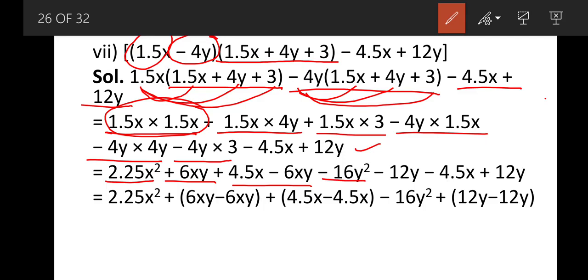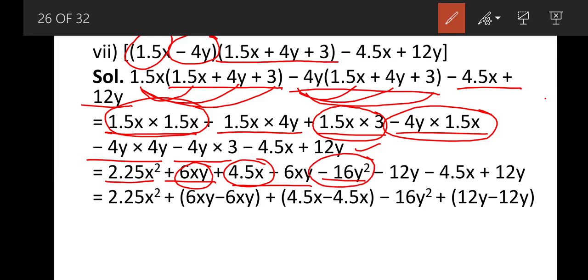I am repeating it again: 1.5x into 4y, it is giving you 6xy. These two are giving you 4.5x. These are giving you, after multiplication, minus 6xy. Minus 4y into y, it is giving you minus 16y square, and then minus 12y minus 4.5x plus 12y.